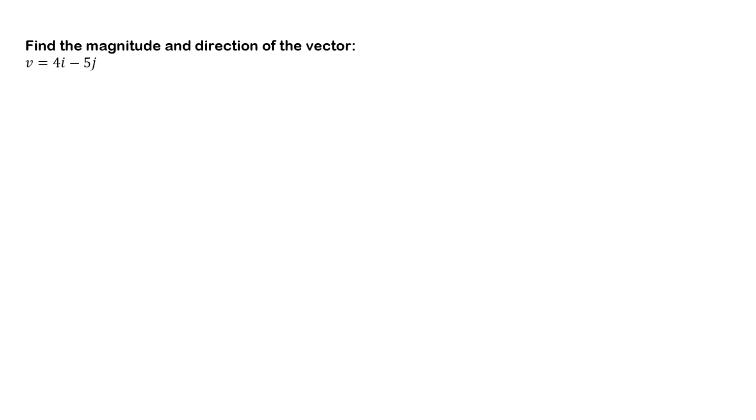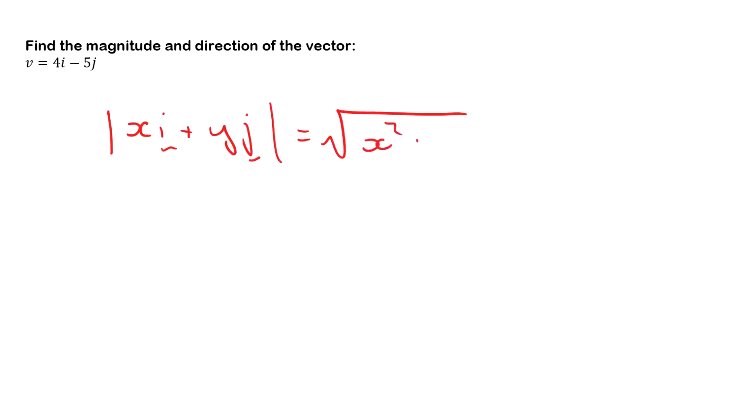Find the magnitude and direction of the vector. Remember, magnitude is your xI plus yJ vectors, and it is the square root of x squared plus y squared.